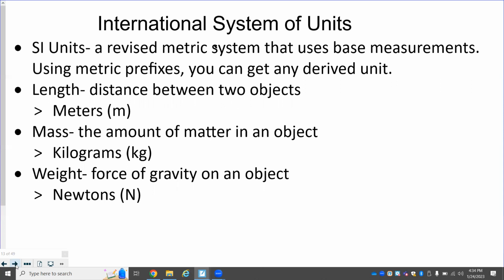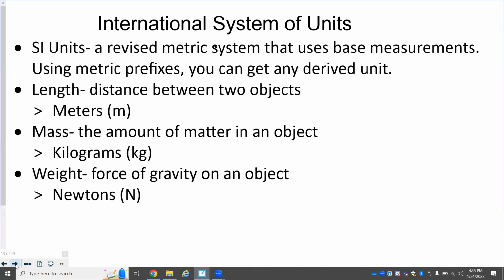So this is using those prefixes of the King Henry died by drinking chocolate milk. These are going to be the base units that we use for different measurements. But we can always change the unit using different prefixes to make it make more sense for whatever we're measuring.